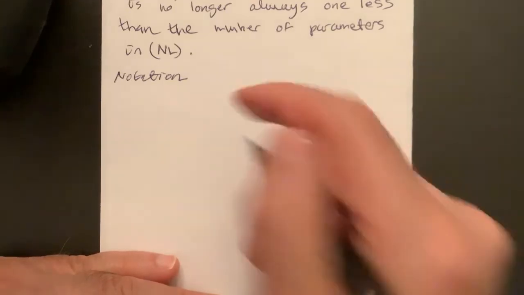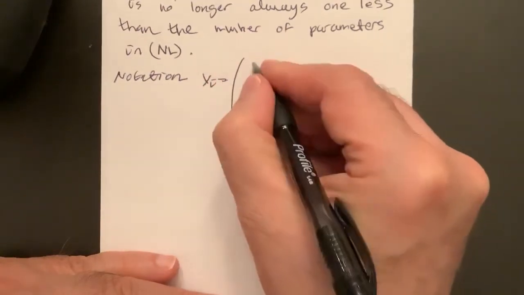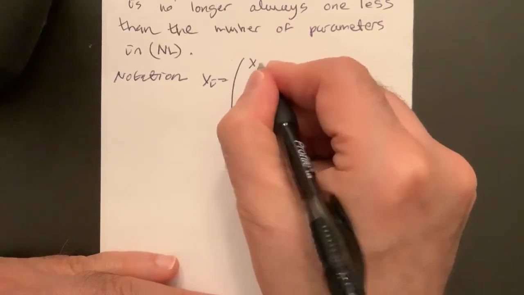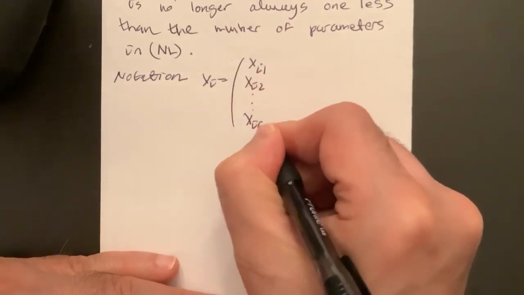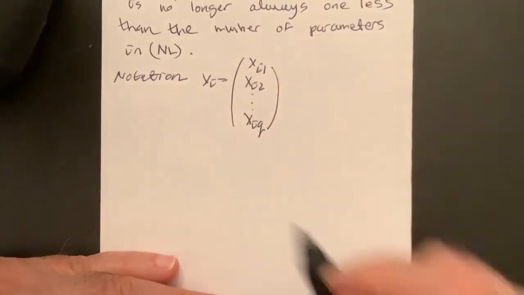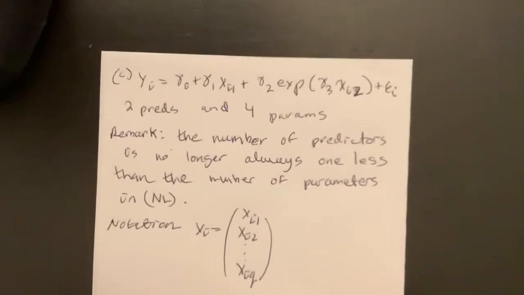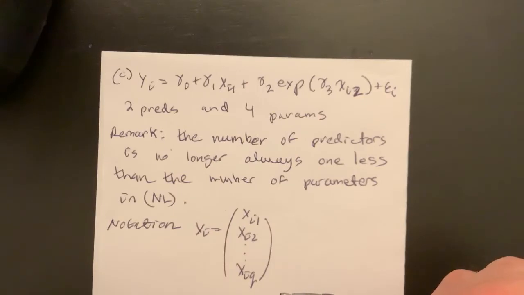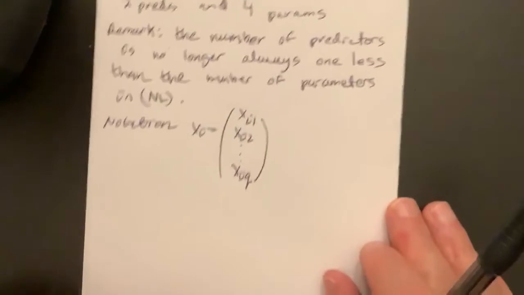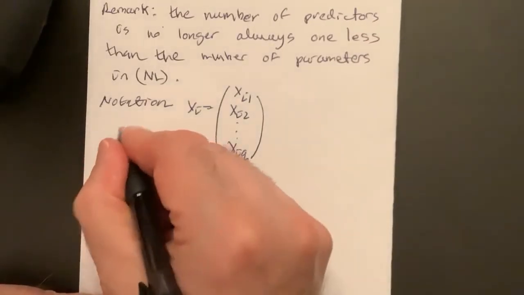So we'll let x_i, now this is when we have multiple predictors, be x_i1, x_i2, down to x_iq. So we have q predictors. We'll also take out the 1, because here you do have a 1, but you don't always in nonlinear regression, so it doesn't really make sense to include the constant 1. So this will be q predictors.